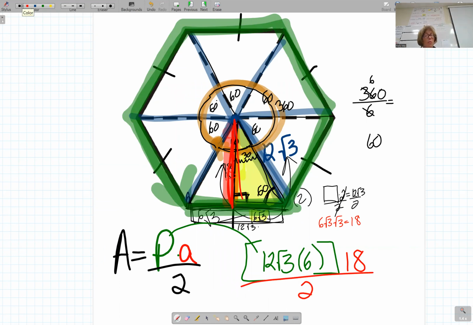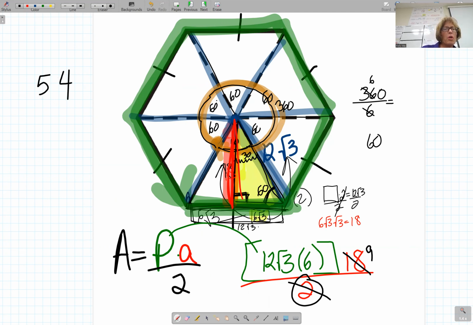Key to multiplying is not multiplying, it's factoring. So I'm going to factor where I can. I can take that 2 either into the 18, the 6, or the 12. It doesn't matter. I'm going to take it into the 18 and hack that down to 9. 9 times 6 is 54.